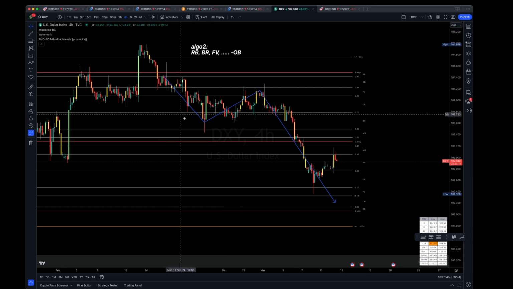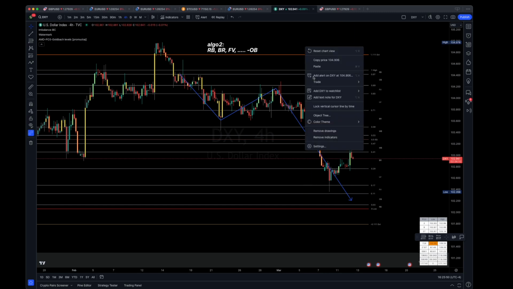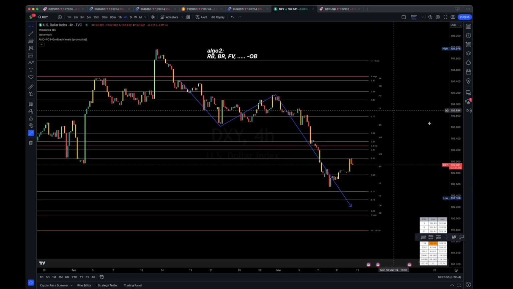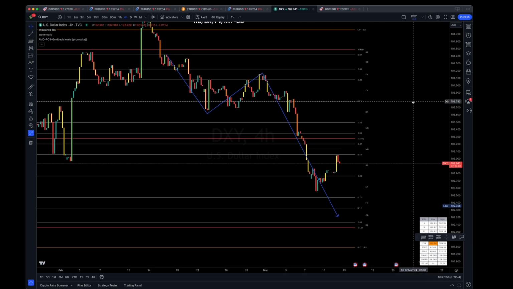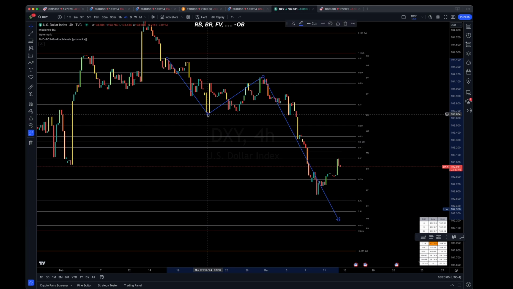Now, this is very difficult to see. How can you make it easier to see? One way is just to look at the candle bodies. And a trick I do is take away the wicks, and then things become a lot clearer. Rejection block, breaker block, fair value gap.